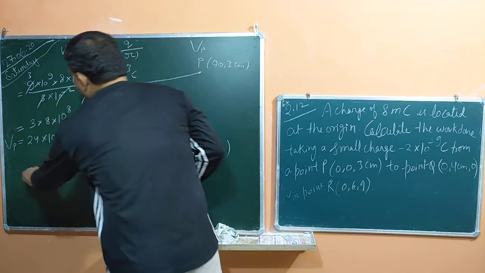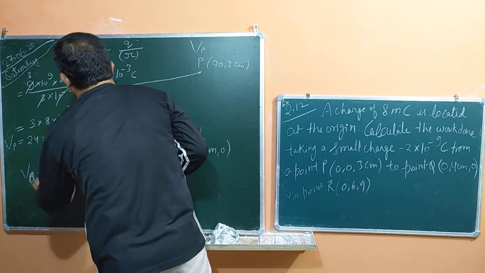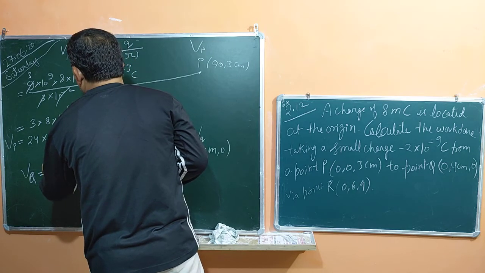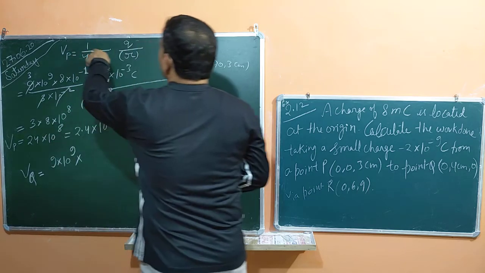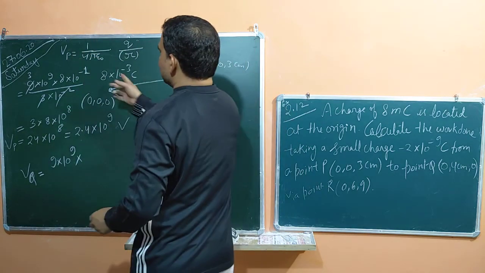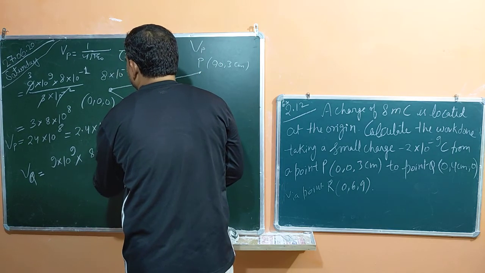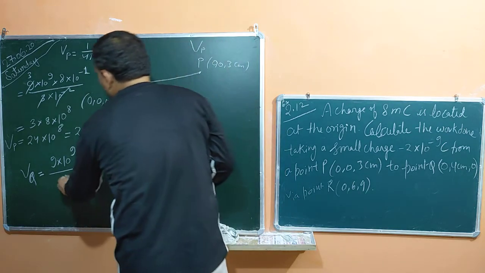Now we need to calculate VQ. 9 into 10 to the power 9, 8 into 10 to the power minus 3 divided by 4 into 10 to the power minus 2.